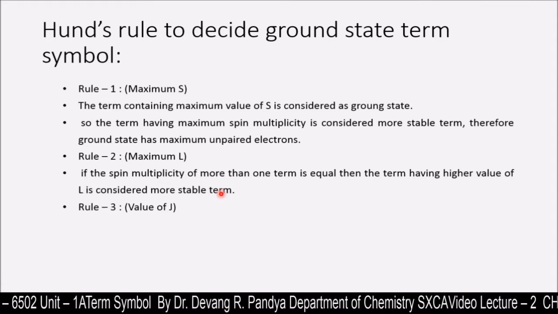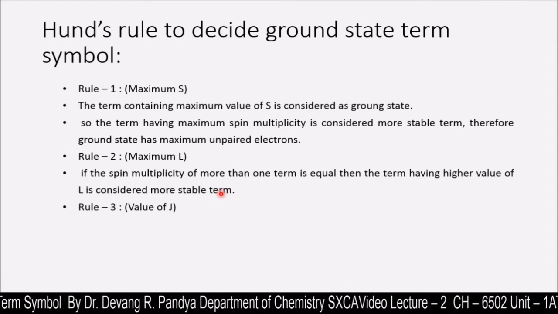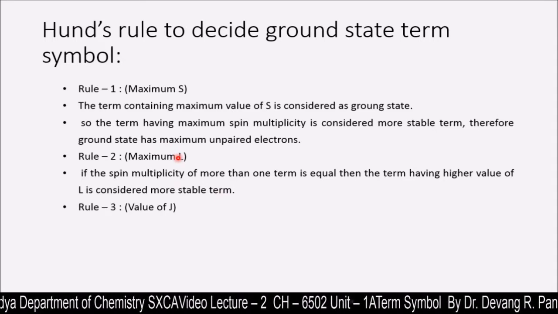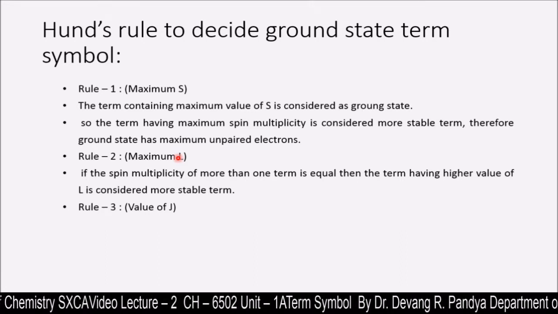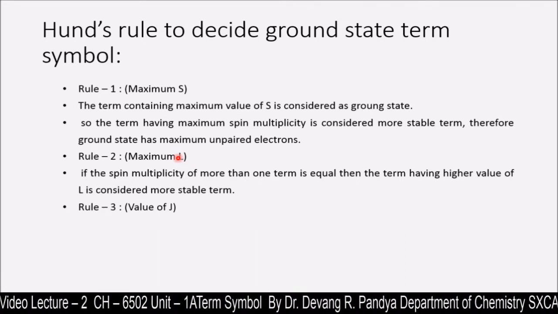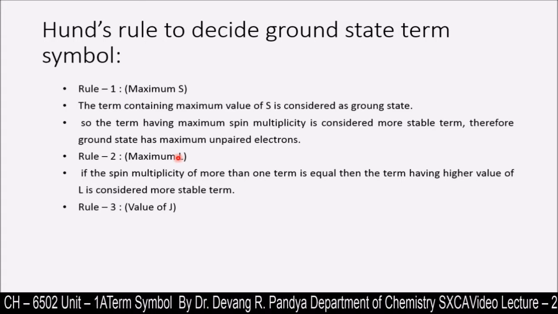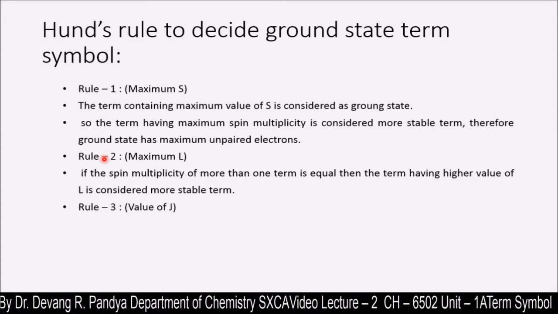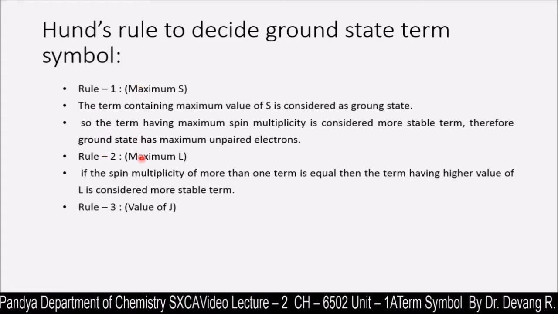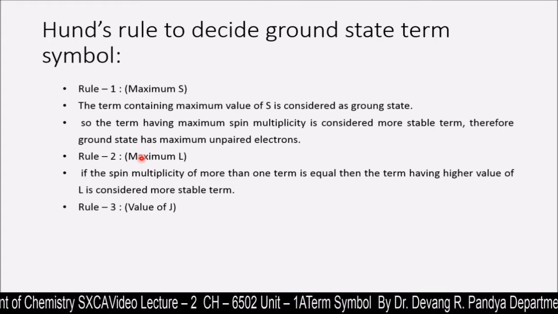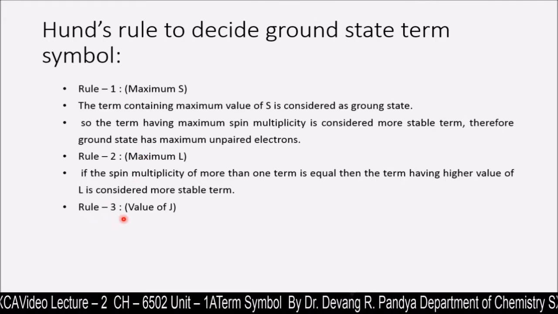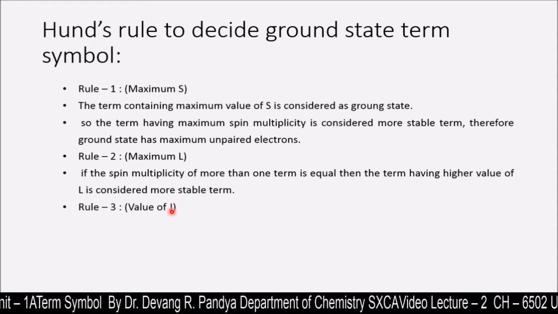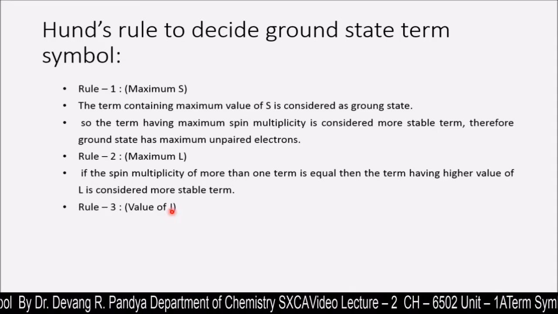Now here the spin multiplicity is similar and even the value of L is similar. That means a similar term is there: triplet P. But one is triplet P2 and the other is triplet P1, and we want to arrange them in different energy order. Then rule 1 is not going to help us, and rule 2 is not going to help us, as the spin multiplicity is similar and the terms are similar, P and P. So rule 3 can be applied, and that is the value of J. As you know, J is the resultant spin-orbital angular momentum quantum number.